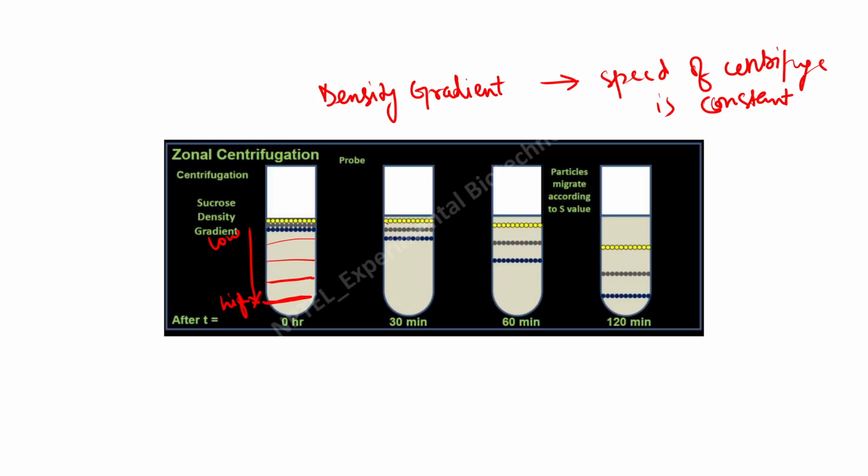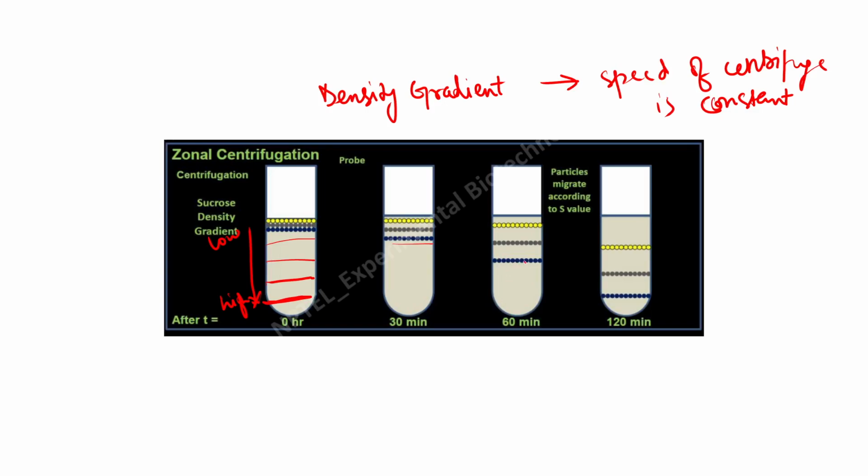So, let's say these yellow molecules have a certain density, then gray molecules have a certain density, and blue molecules have a certain density. The blue molecules being the heaviest, in the sense of density, they are the most dense, so they will move till they match the density of the sucrose solution.